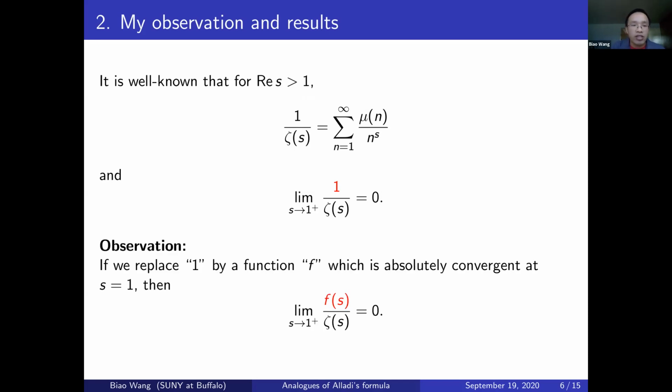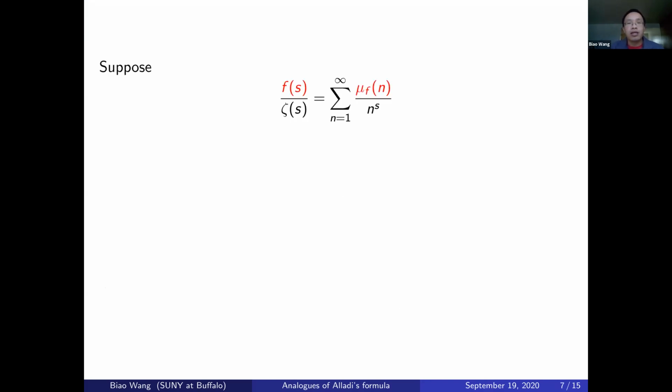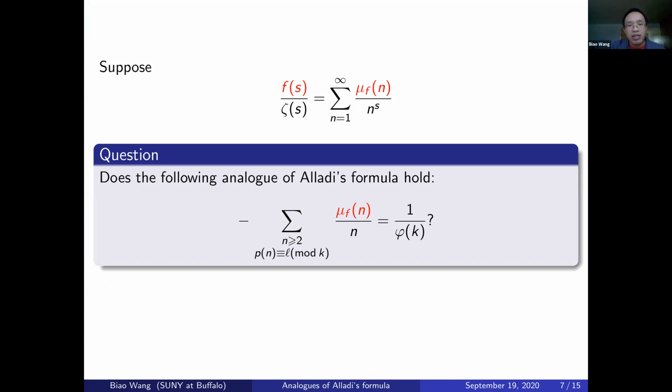And the observation is, if we replace the numerator 1 by a function which is absolutely convergent at s equals 1, then the limit is also 0. So now, if we write down the Dirichlet series expansion for this fraction, a natural question is, do we still have a lattice formula?